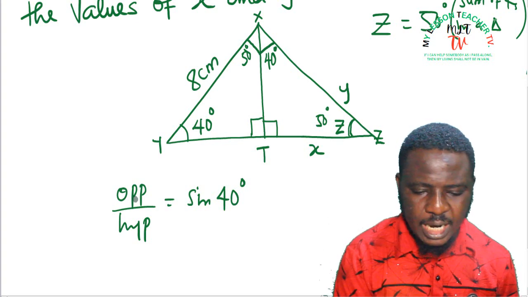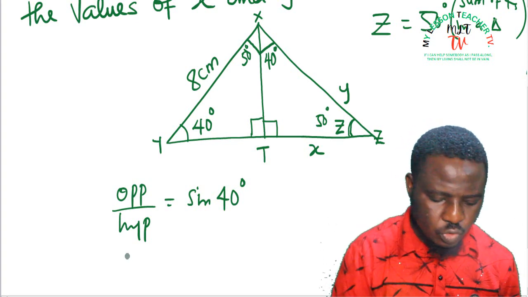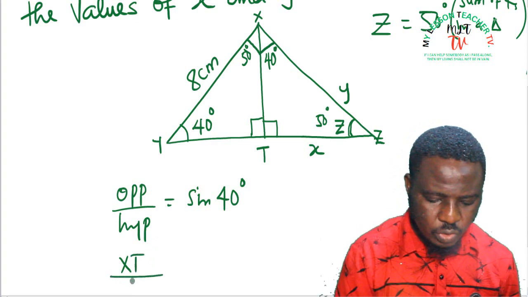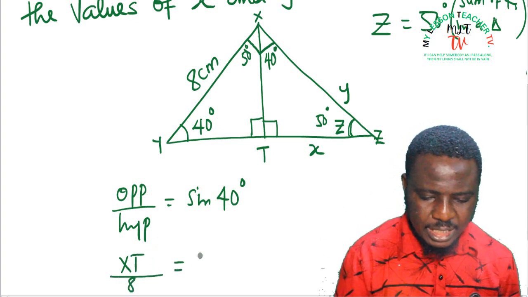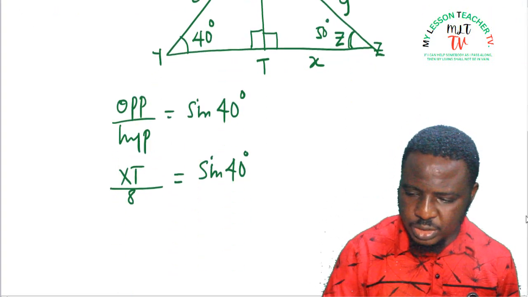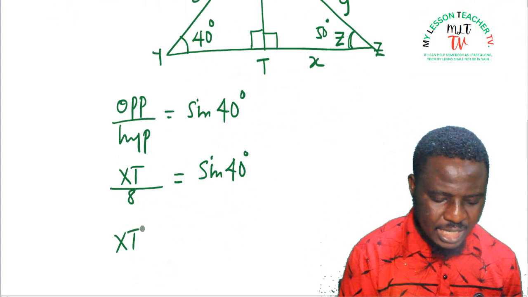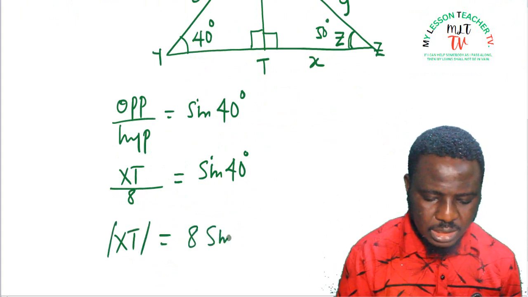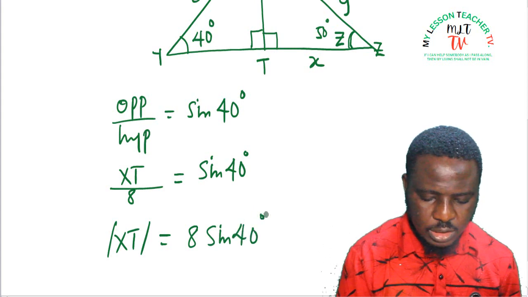The opposite side of 40 degrees is side XT. So the ratio of XT to the hypotenuse, which is 8, is equal to sine 40 degrees. And when you cross multiply, you have it that side XT is equal to 8 sine 40 degrees.